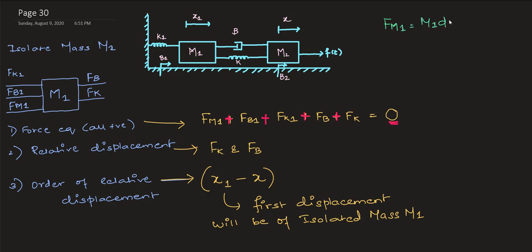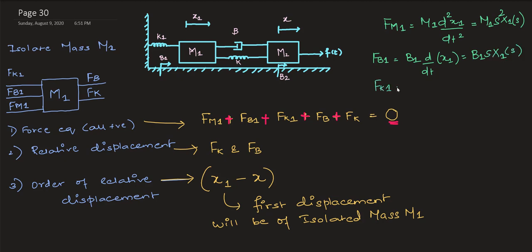It's up to you how you do this problem, but the steps have to be followed exactly as shown here. Now we have F_m1, whose differential equation is m1 d square x1, F_b1 is b1 dx1 by dt, and F_k1 is k1 x1. These are all your non-relative terms, and the equivalent Laplace transform is m1 s square, b1 s, and k1 times X1 of s.